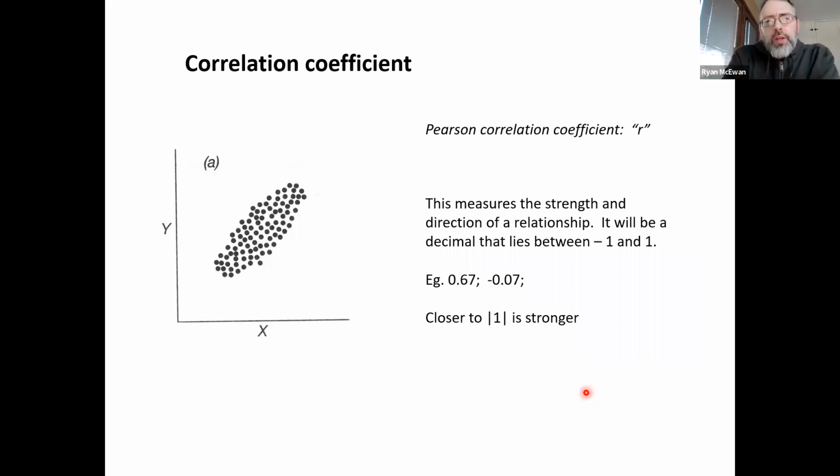Okay, the correlation coefficient, the Pearson coefficient, measures the strength and direction of the relationship. It is a decimal, and it will lie between -1 and 1. Closer to 1 is stronger, the absolute value. So if it goes -1 or +1, in either case, the relationship is strong.